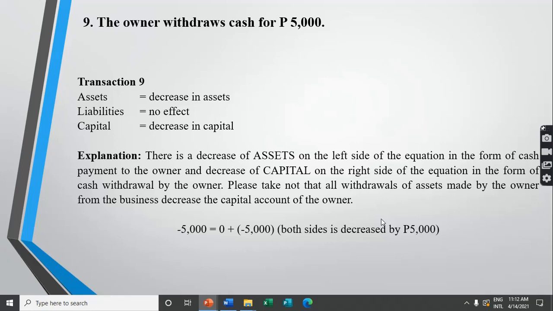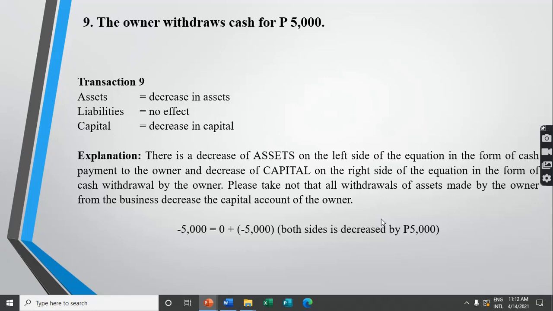So, kapag nag-withdraw siya, nabawasan na naman yung cash mo or yung asset mo. And then, at the same time, nabawasan din yung capital mo. So, sa asset, decrease in asset, and liabilities, wala siyang effect. And sa capital, nag-decrease ka din dun sa capital.